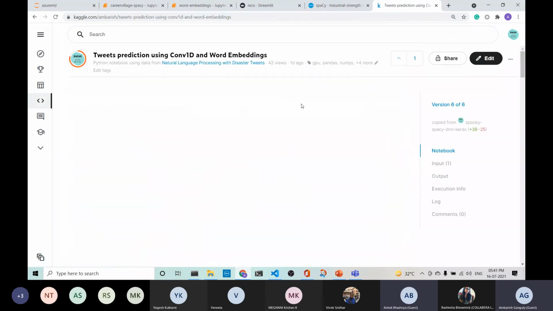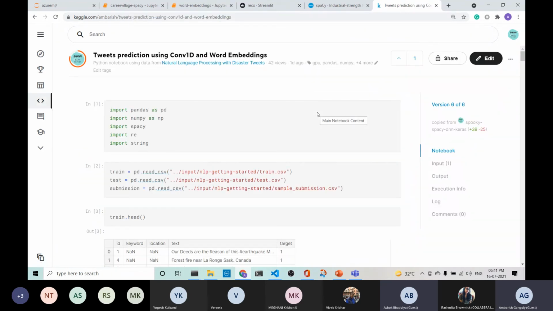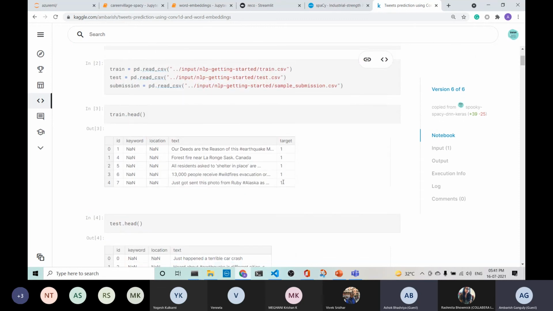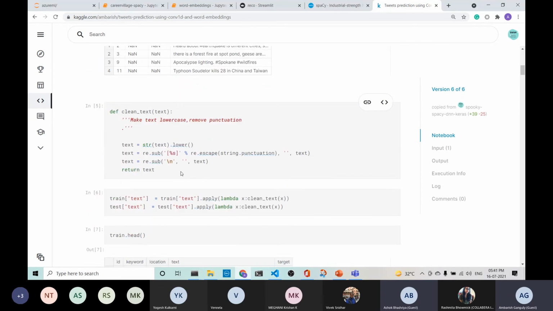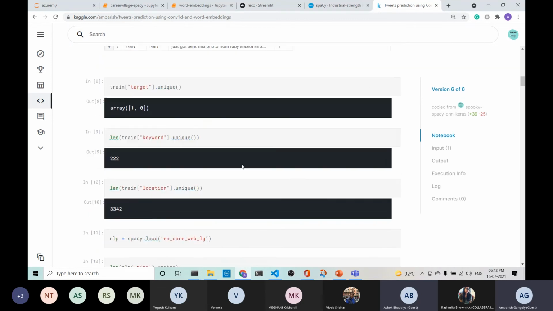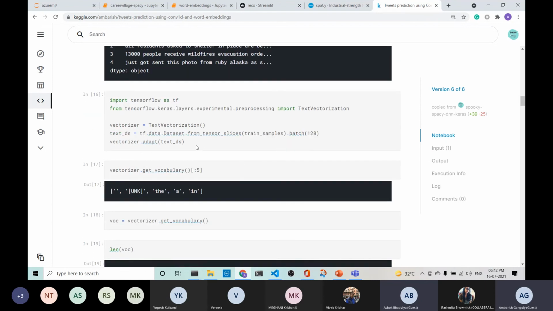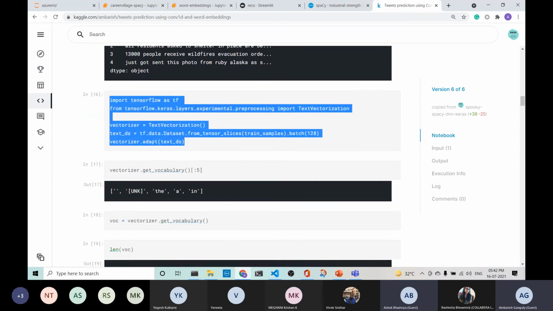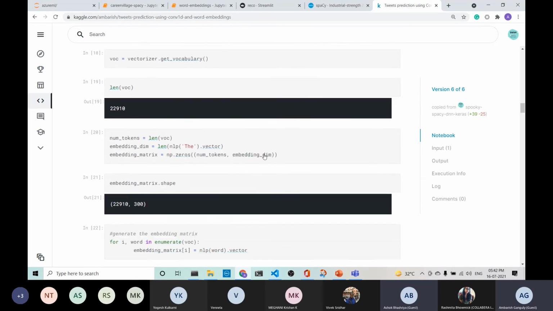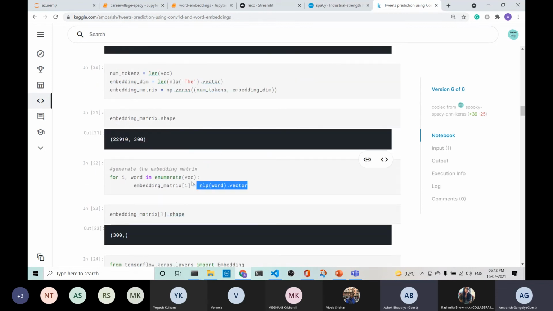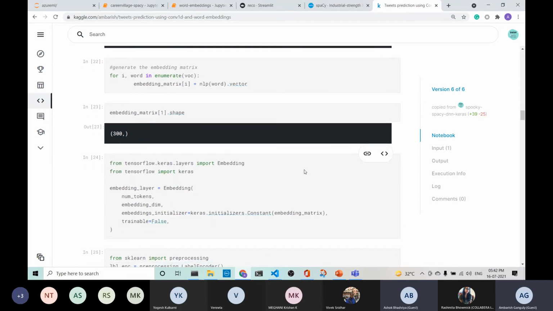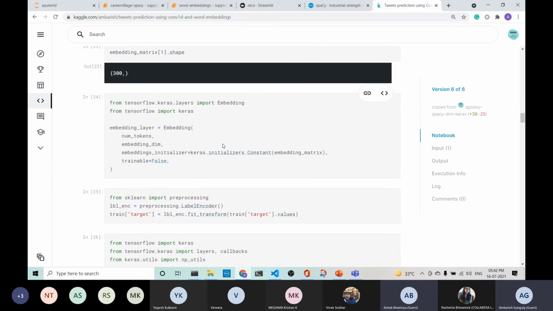Here also I'm taking in the text, cleaning the text, nothing very fancy, and the target. And then you see here, I'm doing text vectorization so that I get all these things. I'm creating an embedding vector, and then an embedding layer.